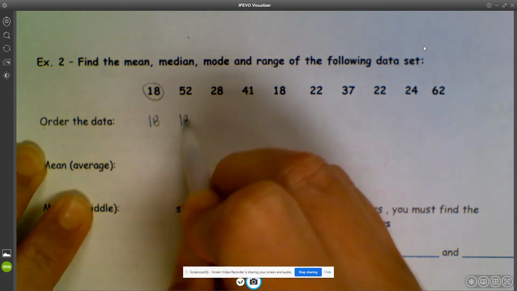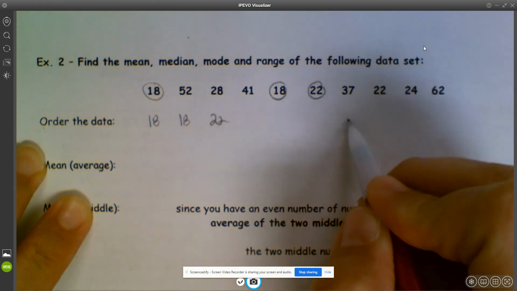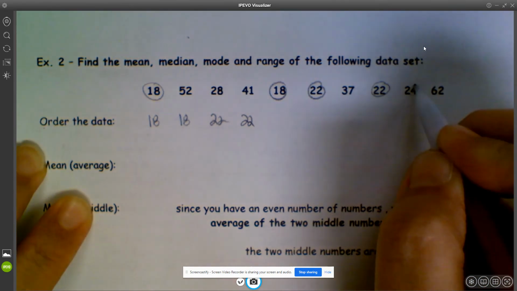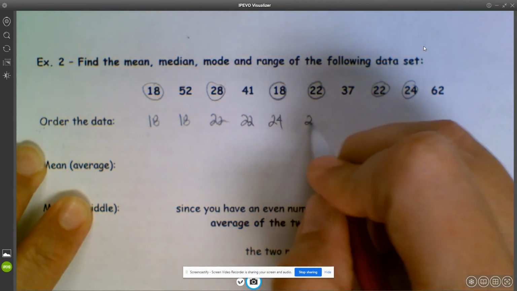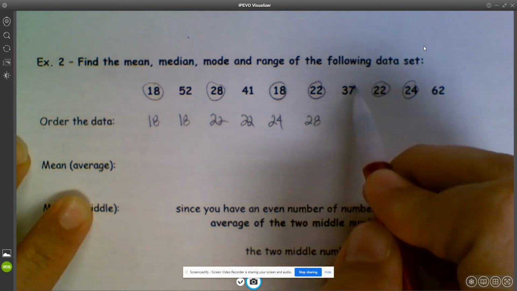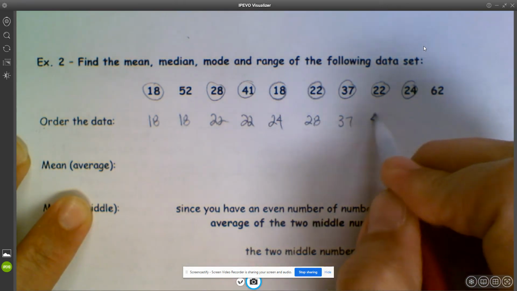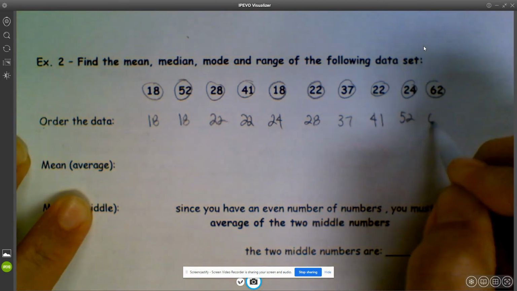There's an 18, a 22, a 22, a 24, and then 28, 37, 41, 52, and then finally 62.